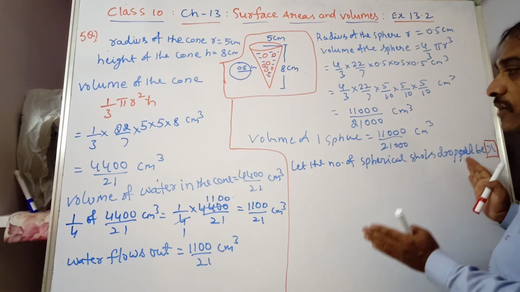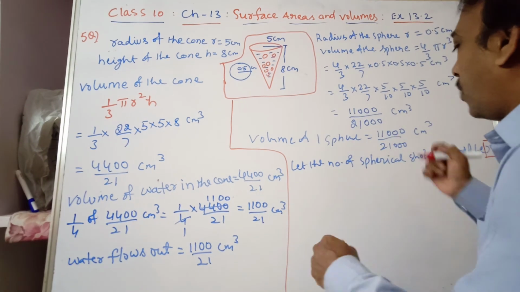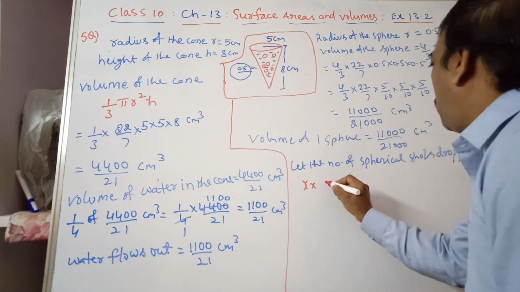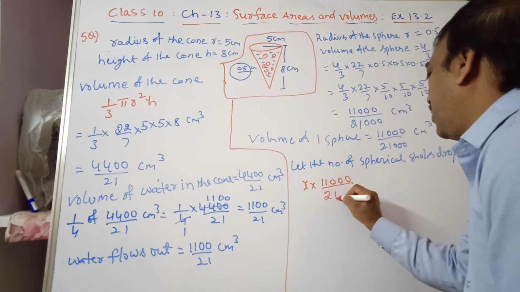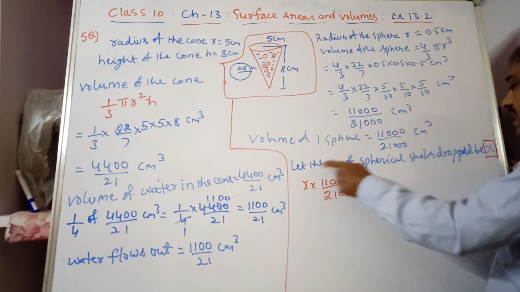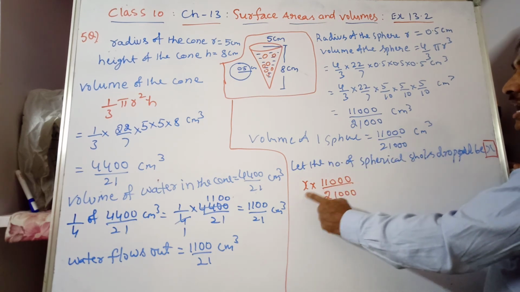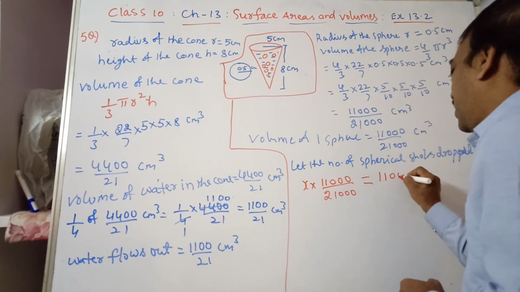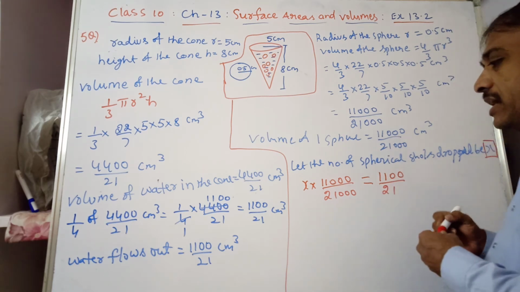Means volume of x spherical balls is equal to the volume of the water that flows out. So x into the volume of each spherical ball, 11,000 by 21,000, is equal to 1100 by 21.